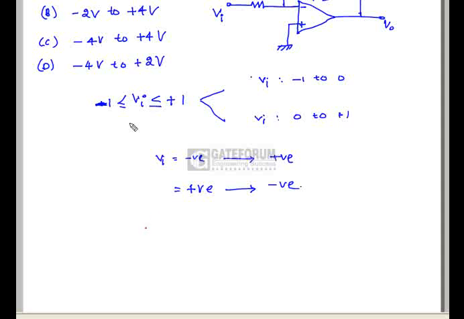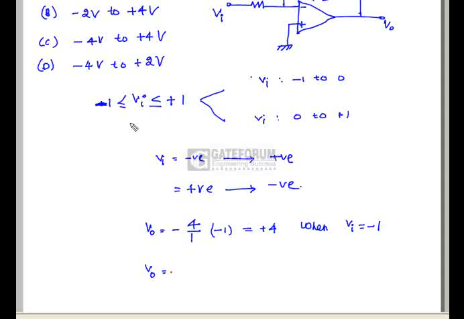In that case, V0 equals minus 4 by 1 into Vi, which equals plus 4 volts when Vi equals minus 1.